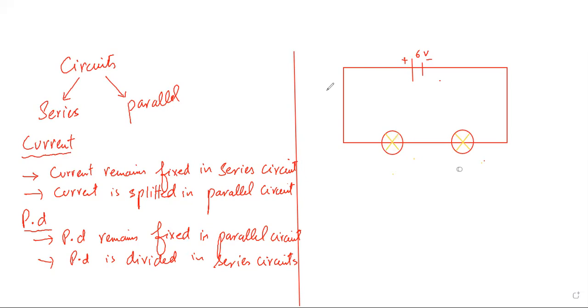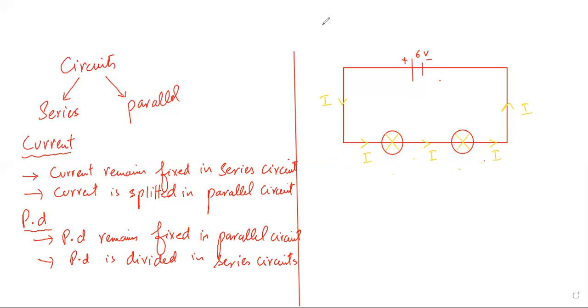So when the current passes through this, whatever its value will be, it remains the same throughout. I, and I. Maybe it's 1.5, 0.5, whatever the value is.